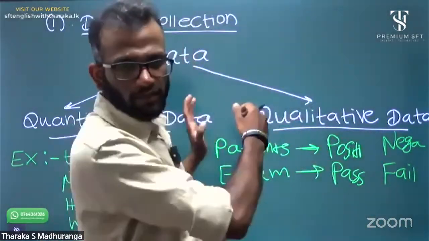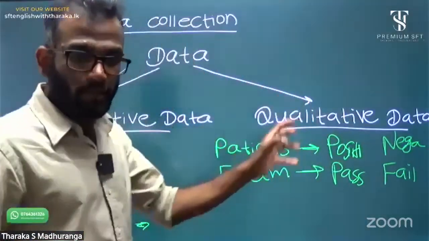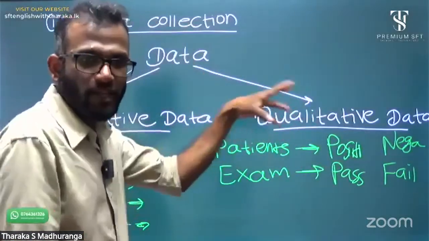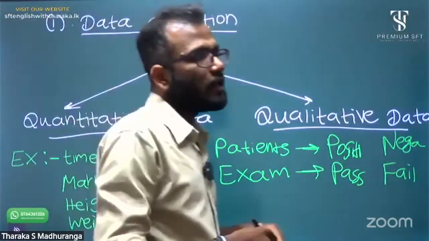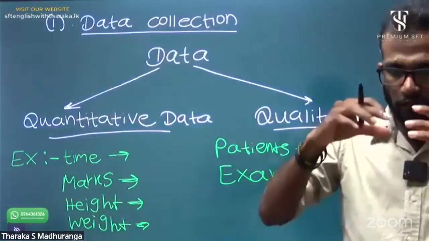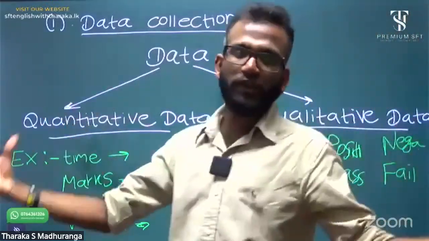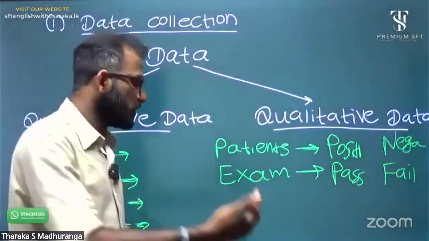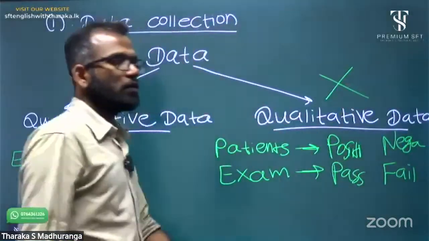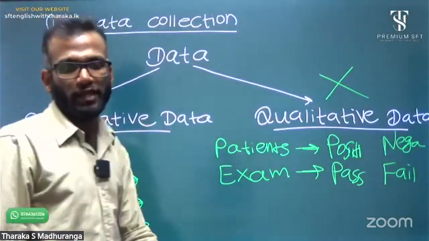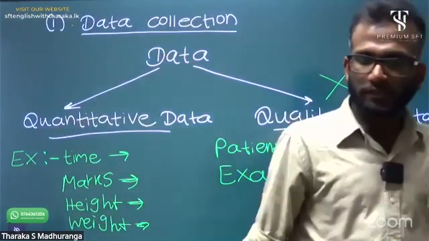I got the difference. Remember, in this lesson, quantitative data statistics and qualitative data statistics are two different fields, two different subjects. Therefore, in this lesson, we are not going to discuss qualitative data. We only deal with quantitative data, numerical numbers.